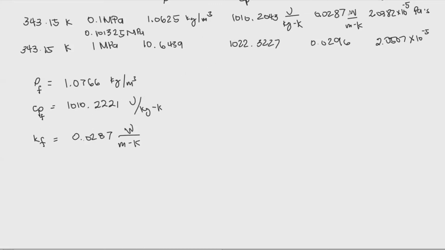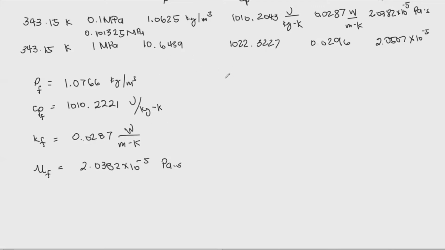And then our dynamic viscosity at the film is equal to 2.0382 times 10 to the negative 5, and it's almost the same for 0.1. Though if you extend the decimals, you'll get a different value, but since we're only using 4 decimal places, it's logical to have the same values.